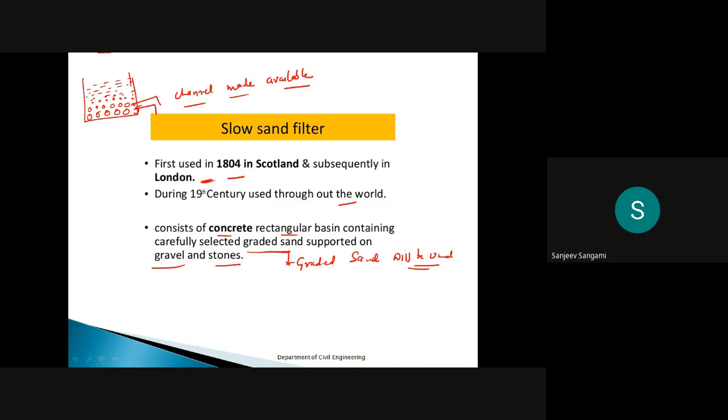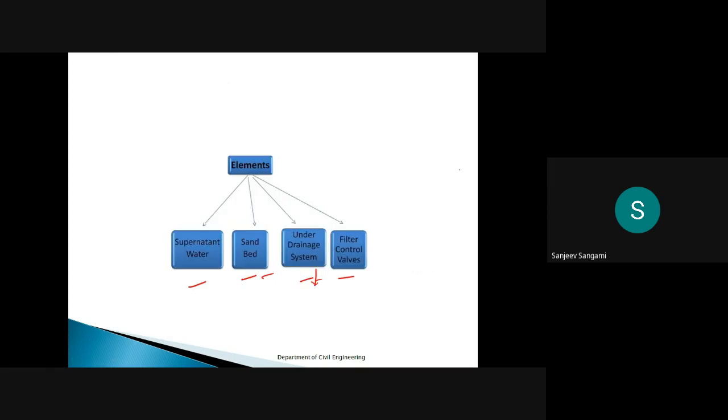That is nothing but the under drainage system. Then we are going to use some filter control valves also.